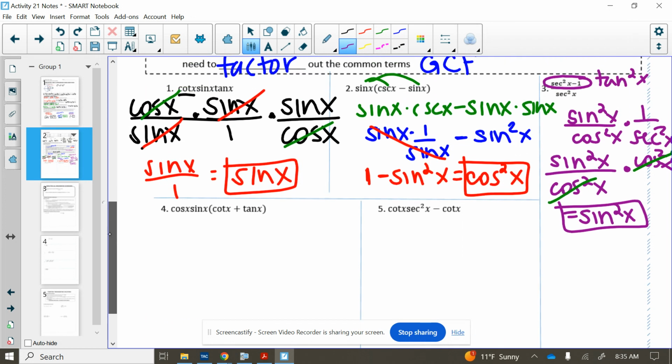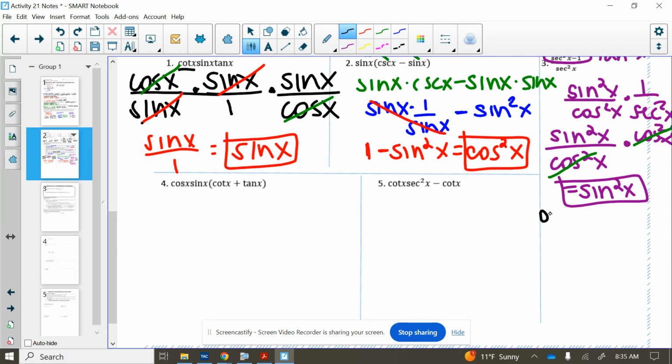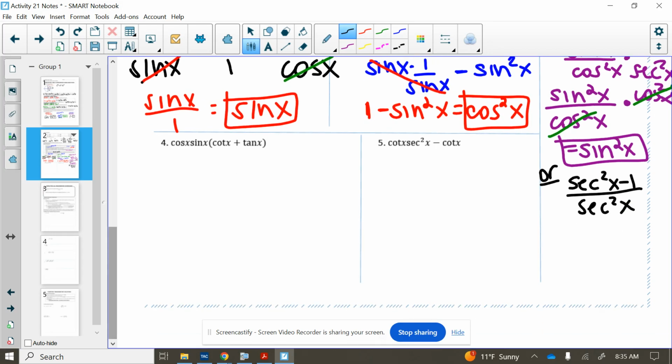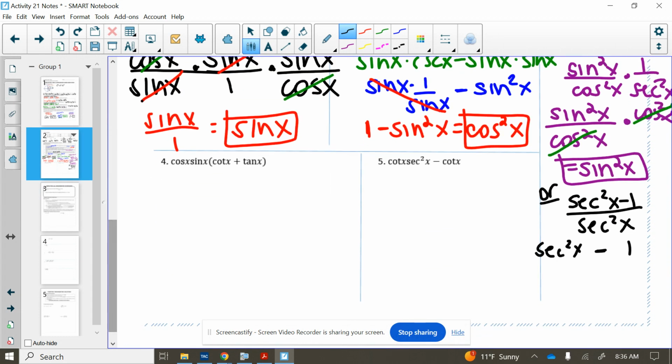Now, this is a good example of how sometimes there can be alternate ways to do this. So for instance, if we look at this example, and maybe you didn't see this Pythagorean identity, maybe you said, hey, I have a secant squared on the top, I have a secant squared in the bottom. And maybe what I could do instead, since this is division by the same denominator, I can break this up into two pieces. Secant squared x and 1, both of them are divisible by that common denominator.